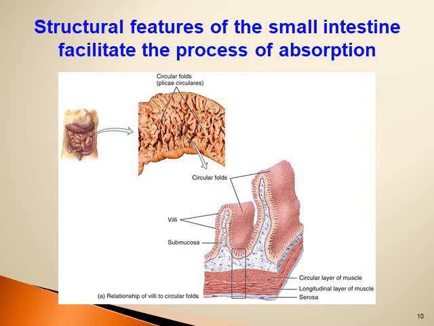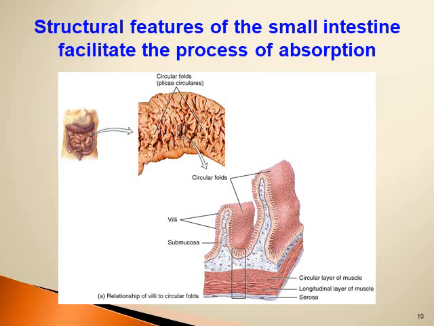Since the small intestine is the longest part of the alimentary canal, and it is the main site of digestion and absorption, we need the small intestine to have a large surface area. The larger the surface area of the small intestinal mucosa, the more efficient the absorption.